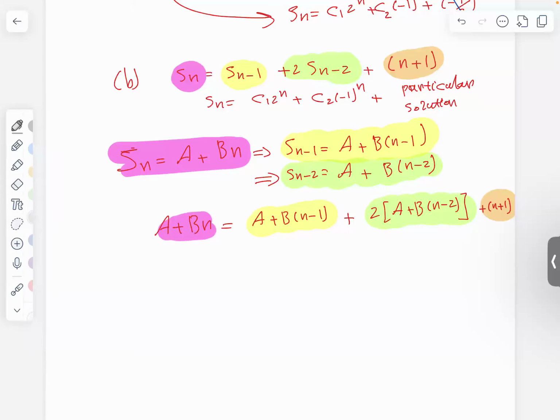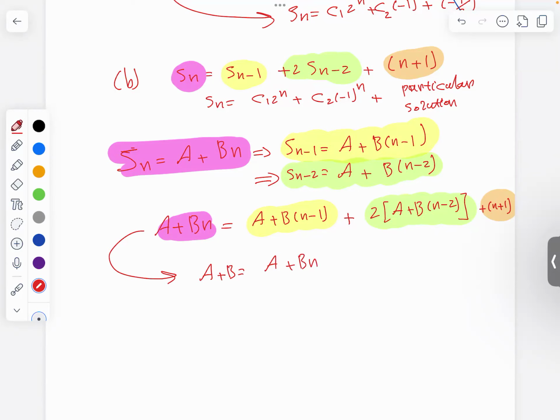So now put them together. The only one is this one from here to here, A plus B n. I just want to multiply inside: plus B n minus B plus 2A plus 2B n minus 4B plus n plus 1.